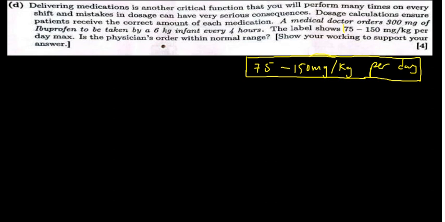So the doctor orders. Now remember, we need to have milligrams per kg. So I need first to get what the doctor has given as a prescription. The doctor has given 300 milligrams to be taken by a 6 kg person every 4 hours.